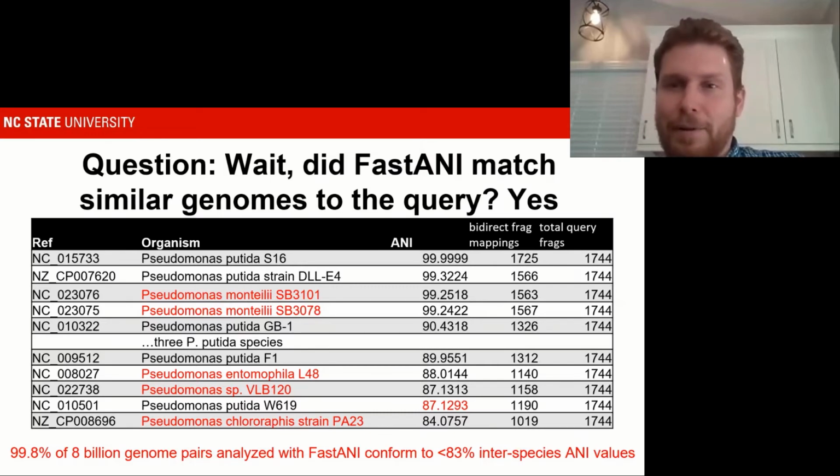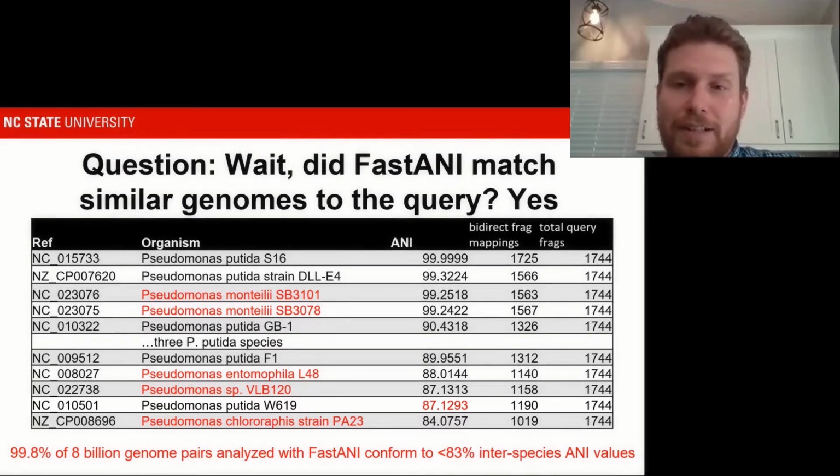The FastANI publication compared 8 billion genomes, calculating ANI values, and found that ANI could distinguish species. They found that 99.8% of the time, species had an ANI of 83% or higher. This does not mean that we won't see other species that are above 83% ANI. It just means we shouldn't see other Pseudomonas putida strains lower than 83%.